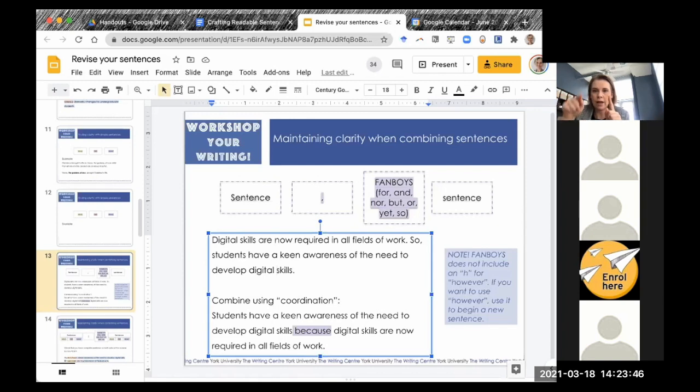Do I have a comma and for, and, nor, but, or, yet, or so? Alternatively, you could have because. Does that make sense? You cannot have however between them. You can't do this. You need to have a full stop. However is not a word that combines things. It separates them.